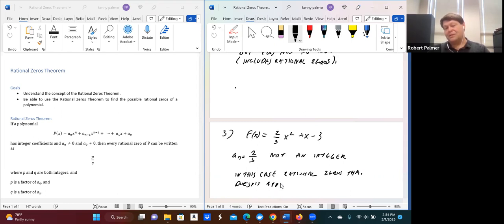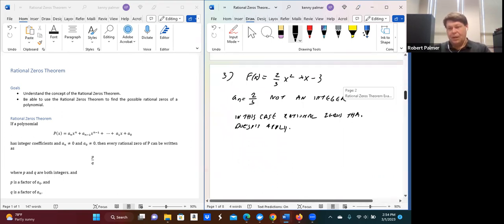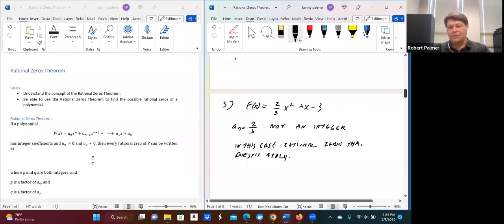Okay, so in this case, it doesn't apply. Now, it doesn't mean it doesn't have rational zeros. It just means we can't do the same thing. Okay. Now, let's take a look at number 4.